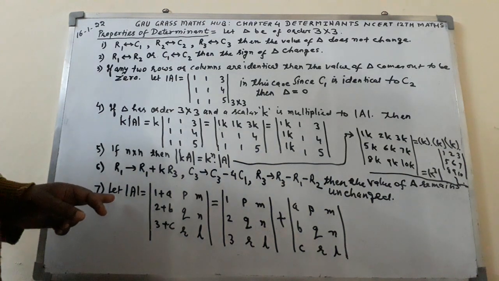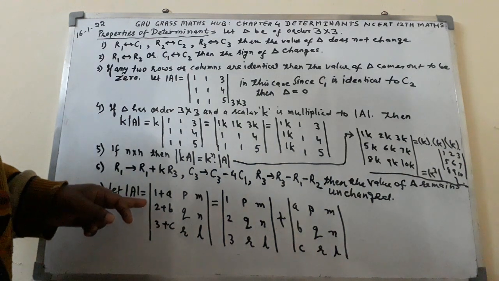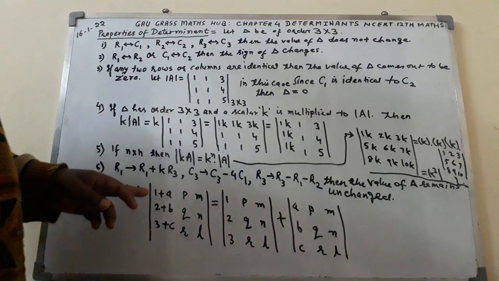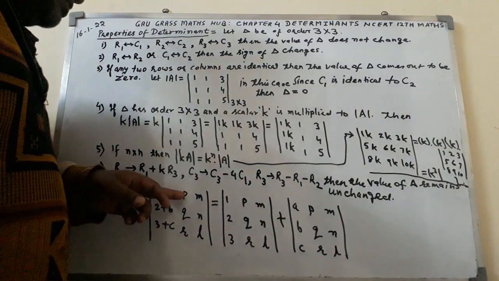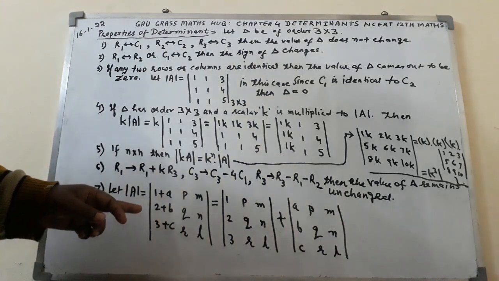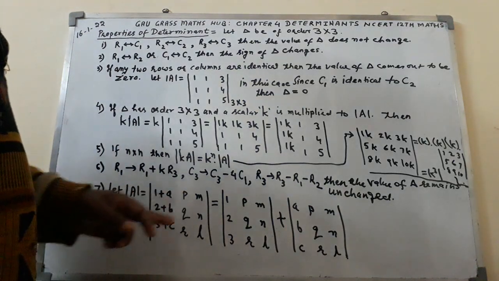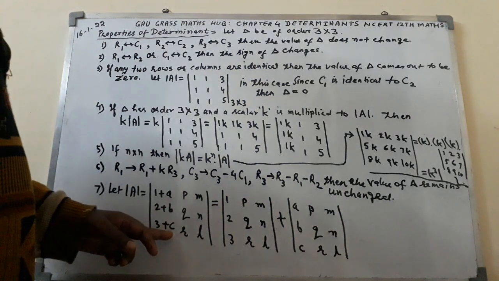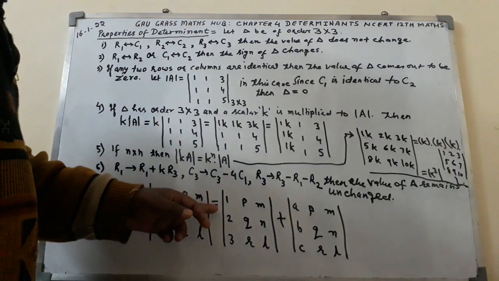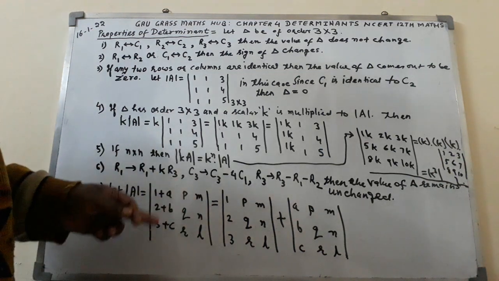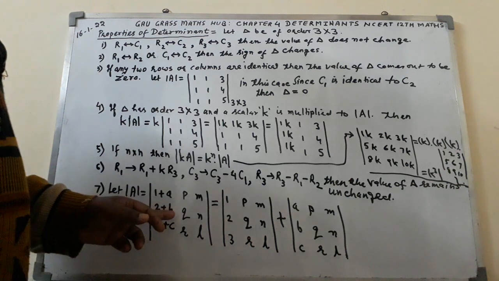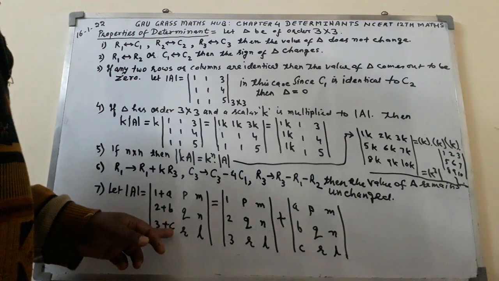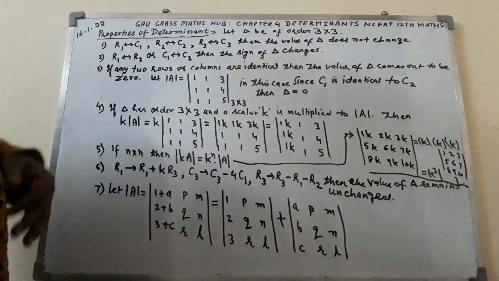And seventh property I have mentioned here, determinant A equal to determinant with elements of first row 1 plus A, P, M, second row 2 plus B, Q, N, third row 3 plus C, R, L, equal to, here 1 plus A, 2 plus B, 3 plus C can be expanded.